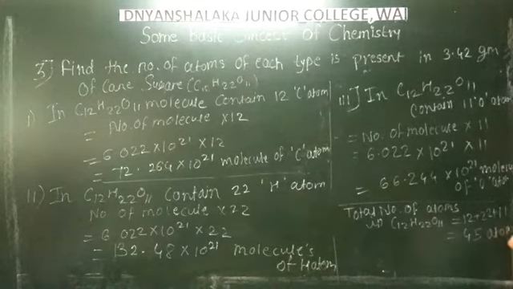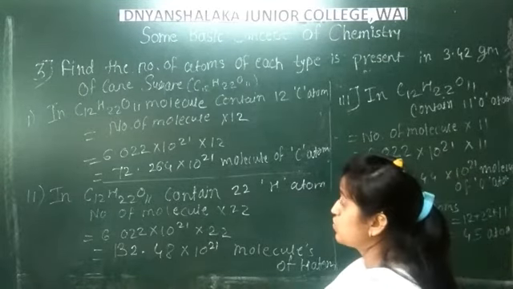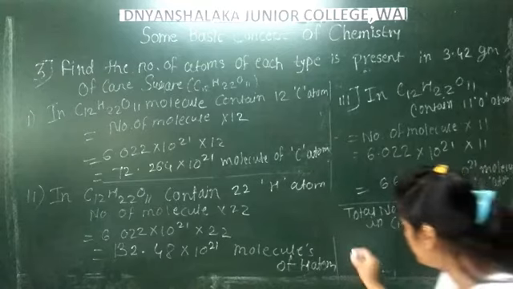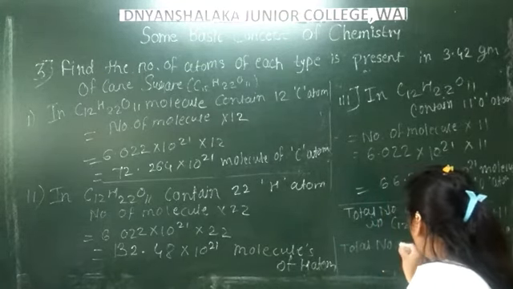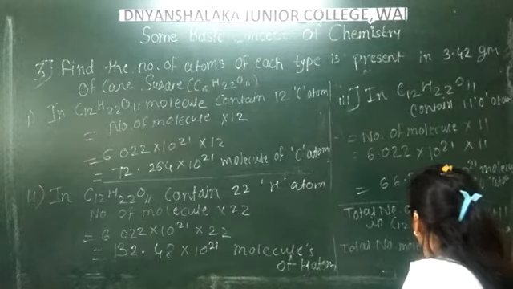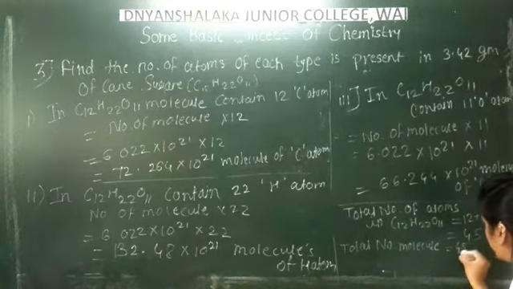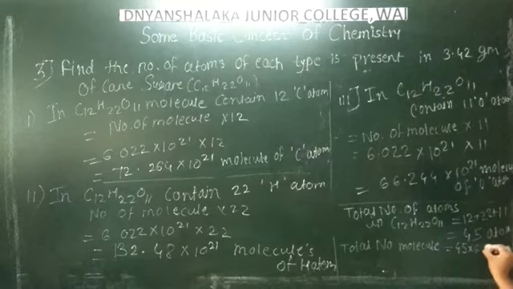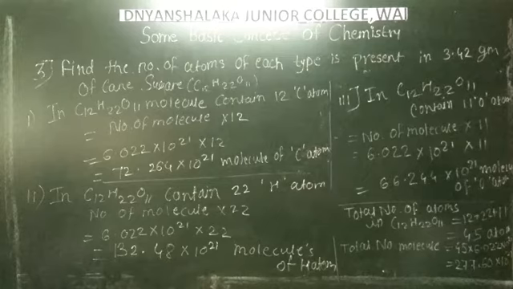So the total is 45 atoms present in a cane sugar molecule. Next we find the total number of atoms in the sample, which is 45 atoms into the number of molecules, 6.022 into 10 raised to 21. So we get the answer 277.60 into 10 raised to 21.